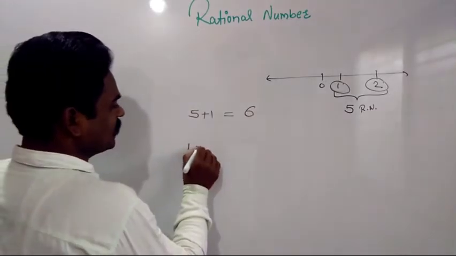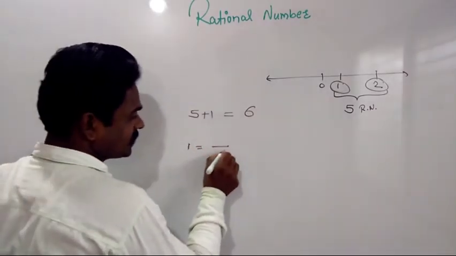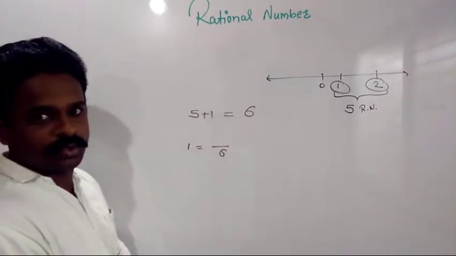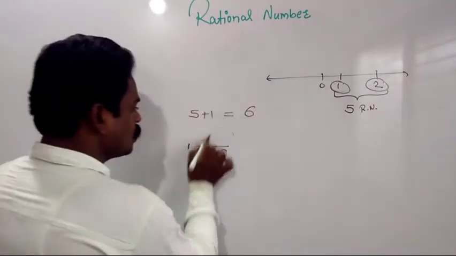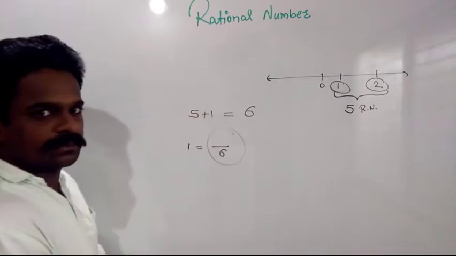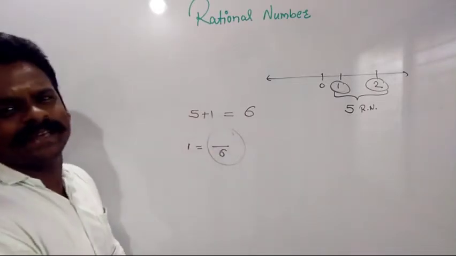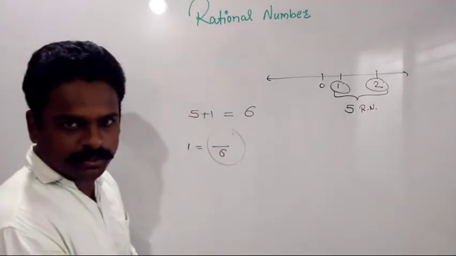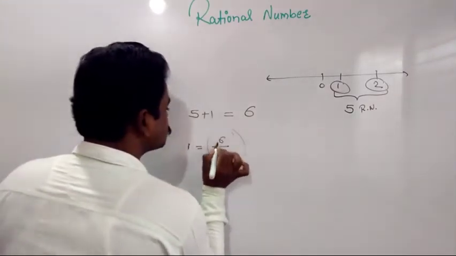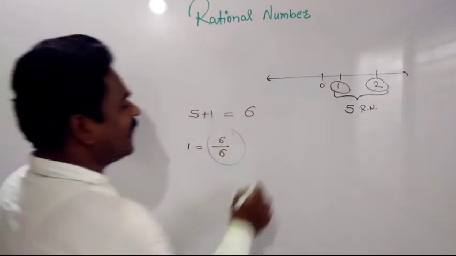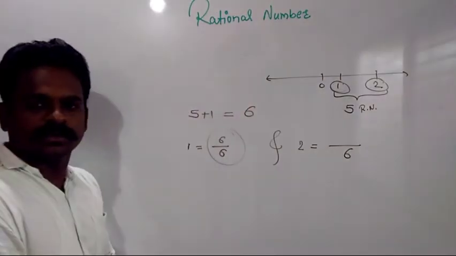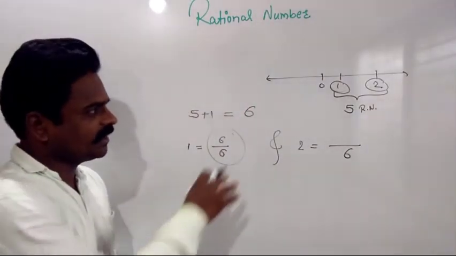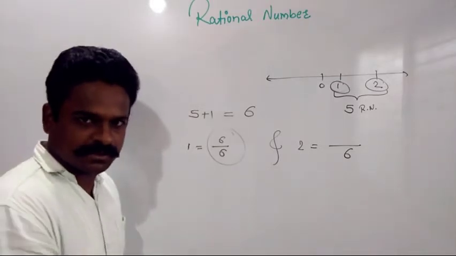So 1 is equal to a number whose denominator should be 6. To get this whole number 1, how much will its numerator be? It should be 6. And what about 2? We will write the same denominator, 6. Here also the denominator is 6.